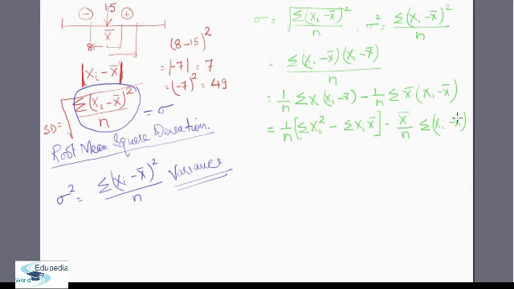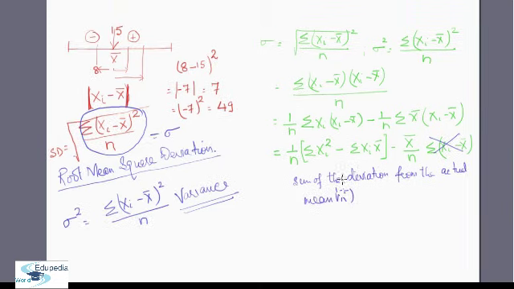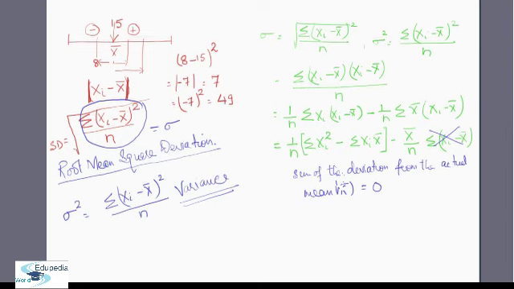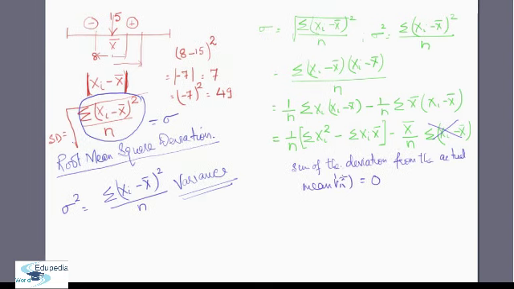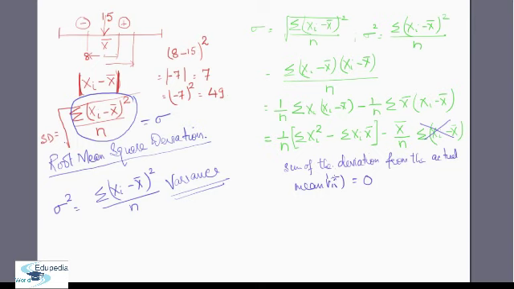The sum of the deviations from the actual mean, that is the arithmetic mean, is always equal to 0. So this whole second term will be eliminated, and we are left with just the first one.